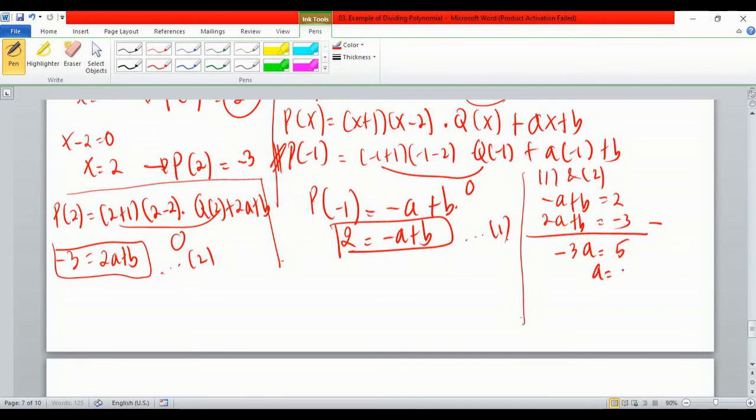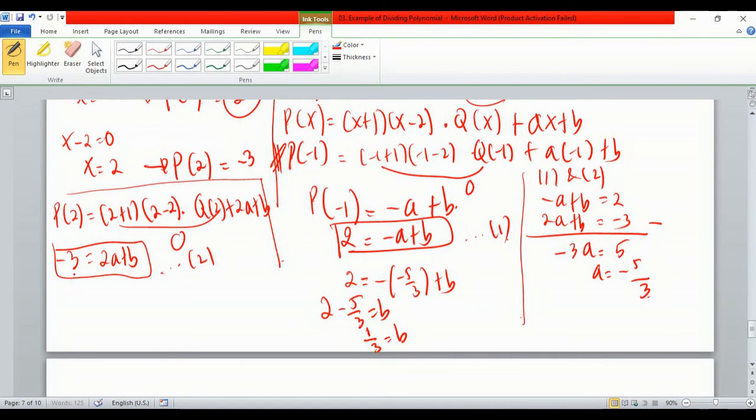So a equals -5 over 3. And then we want to find the b. So 2 equals -5 over 3 + b. So we can write 2 - 5 over 3 equals b. So we get b equals 1 over 3.